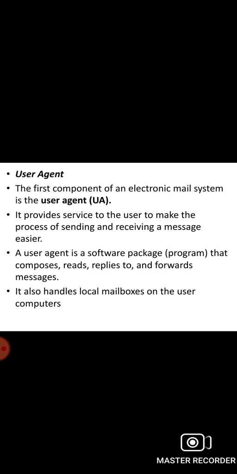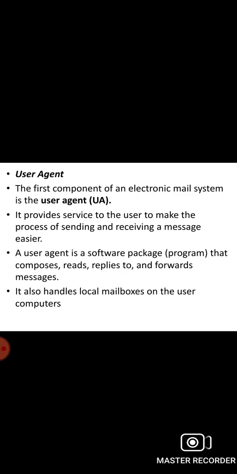Now after reading a message, a user can use a user agent to reply to a message. A user agent usually allows the user to reply to the original sender or to reply to all recipients of the message. The reply message may contain the original message for quick reference and the new message. Replying is defined as sending a message to the sender or recipients of the copy.